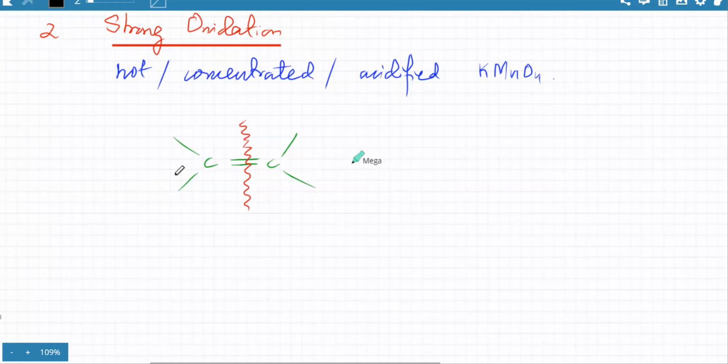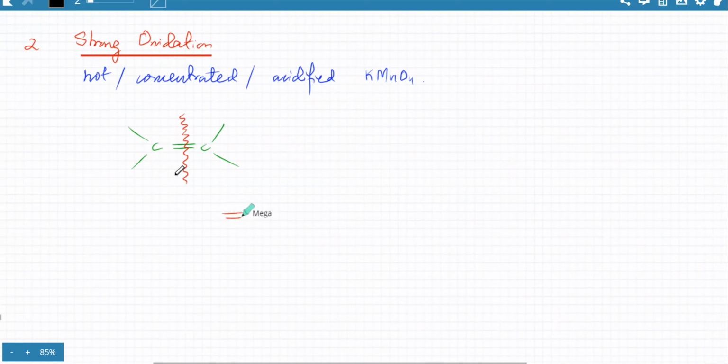And there would be different scenarios. Number one, if the double bond carbon was bonded to two hydrogens, that's scenario number one. Then this type of structure would get converted into carbon dioxide and a water molecule.